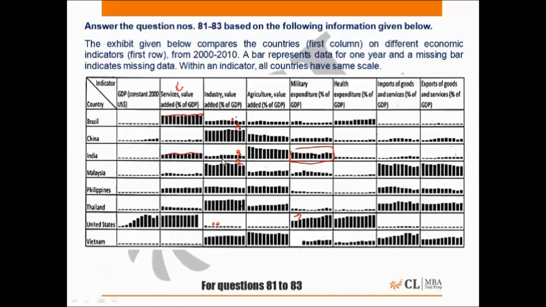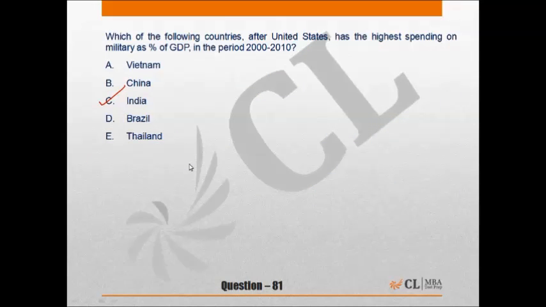Now come to the next option, Philippines. Philippines also witnessed an increase in its services, but it is not as much as compared to India. So from the graph, it is obvious India is the country that witnessed the maximum percentage increase in its services. Therefore, India is the answer of this problem, which is option B.